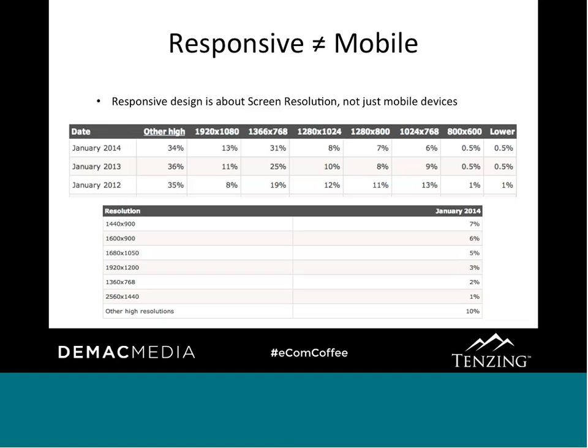Some of the statistics that you're going to see on this slide show you that people are looking at your site on so many different resolutions these days that even if you just had desktop traffic, you still have to accommodate 5, 6, even 7 different resolutions at the same time. So the key thing to remember is that responsive is both a mobile strategy as well as an overall business strategy.